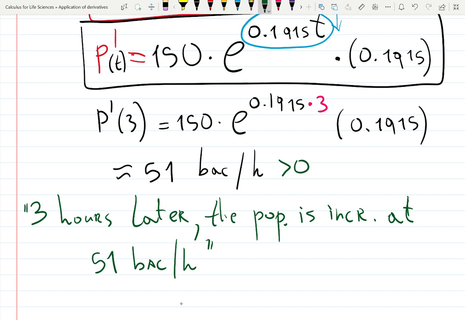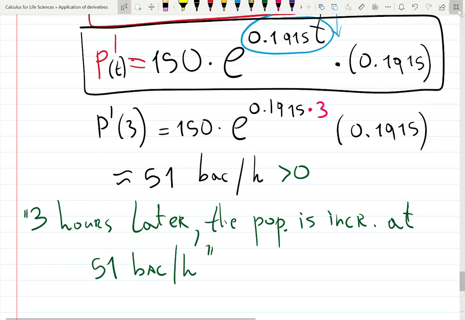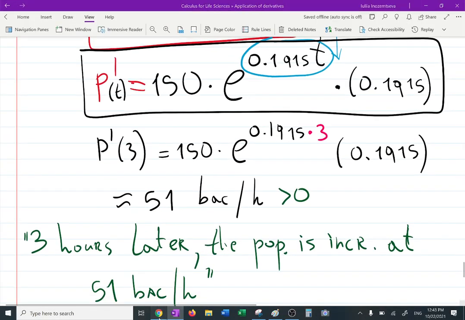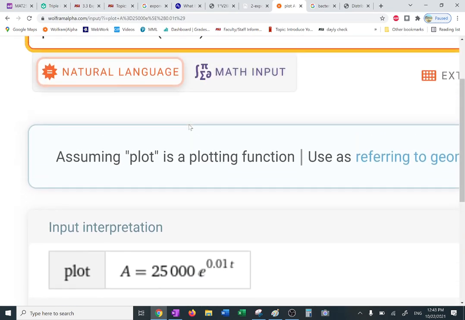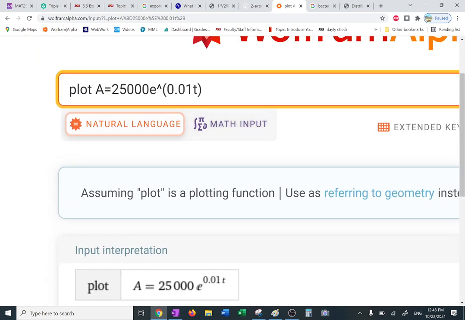It is an exponential function after all. It actually looks like this. I should show you because some of you are visual learners, so I think it's healthy if you know how it looks. Last time I showed you this, you literally open any graphing calculator you have and you plot P equals 150e, and then we found this rate k.